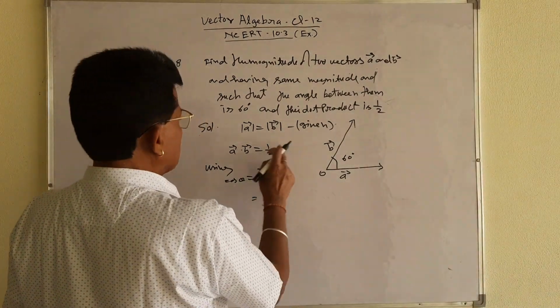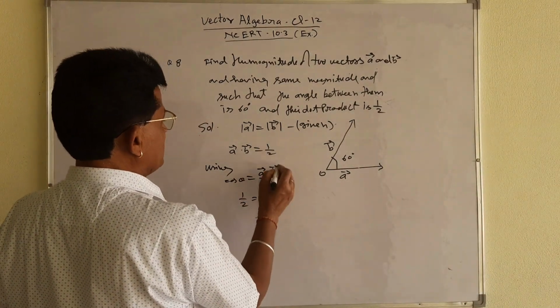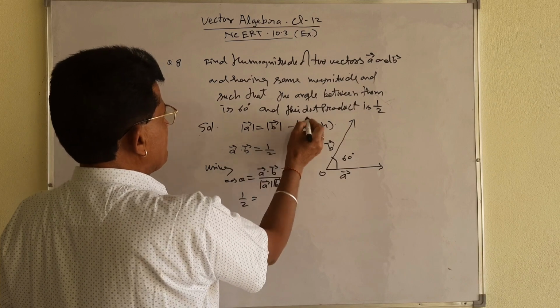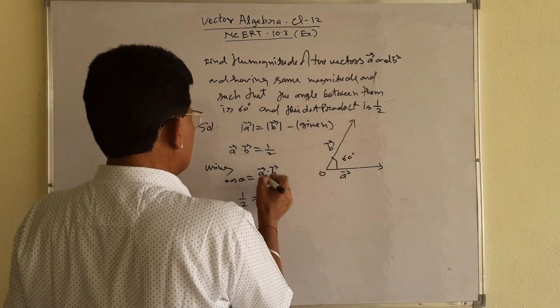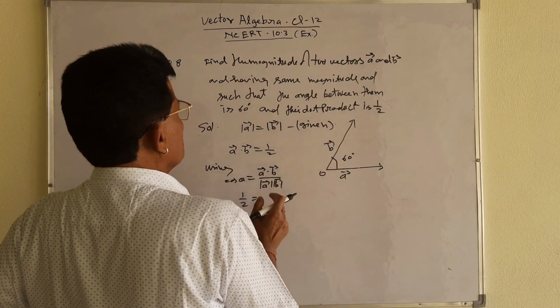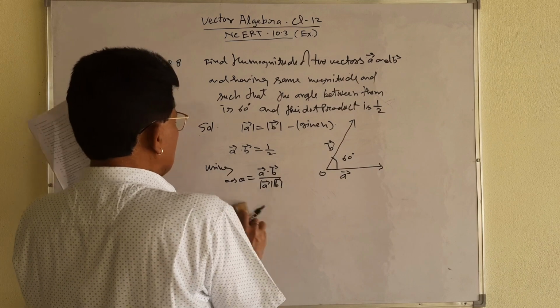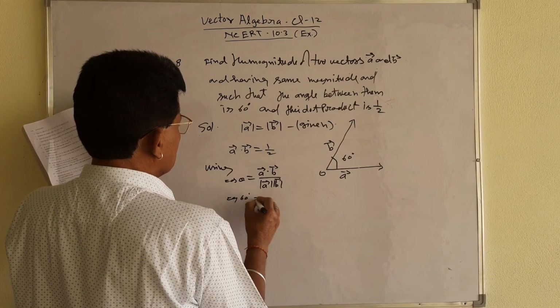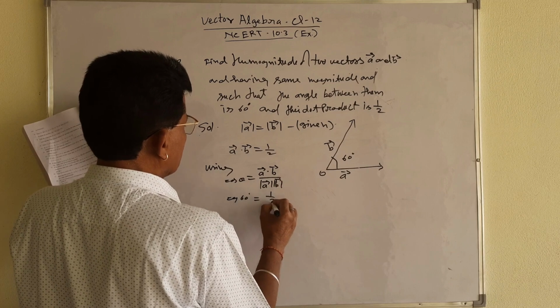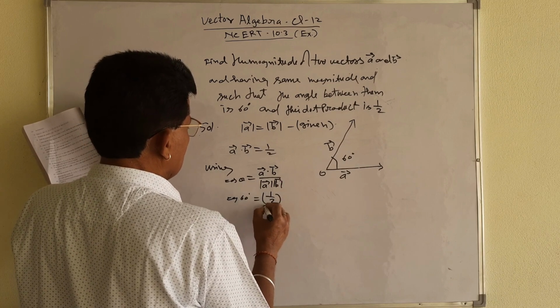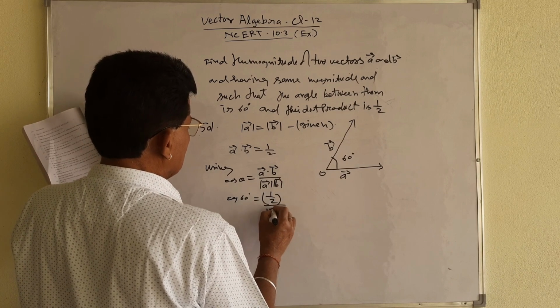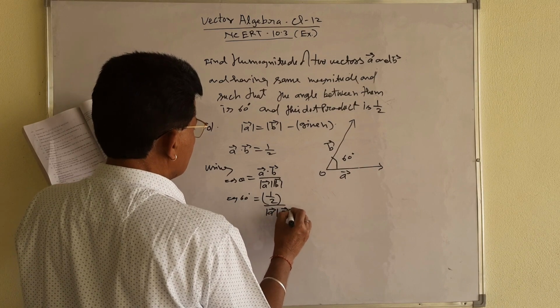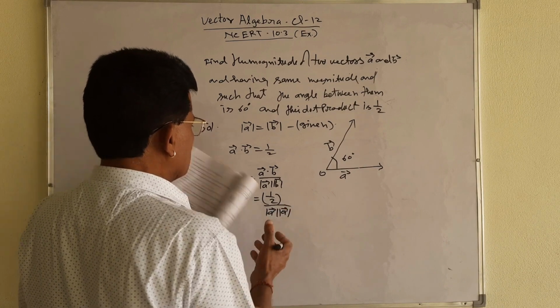Okay? Dot product is how much? In place of cos theta you will write 1 by 2. And the angle is 60 degree, dot product is given. Let me write. First of all cos 60 degree will be equal to dot product 1 by 2, divided by magnitude of A and magnitude of A. ये दोनों बार मैंने magnitude A क्यों लिख दिया?